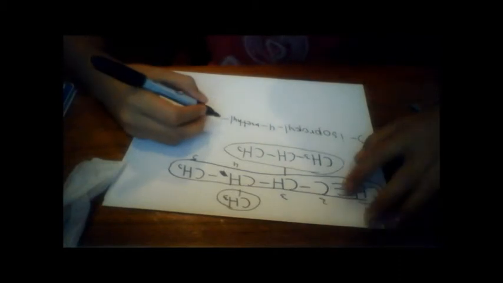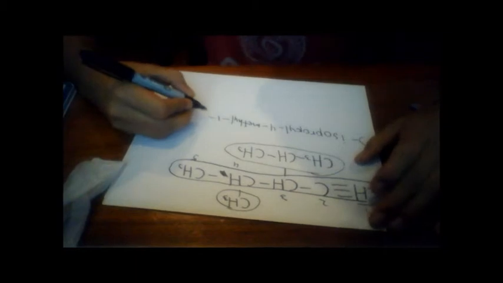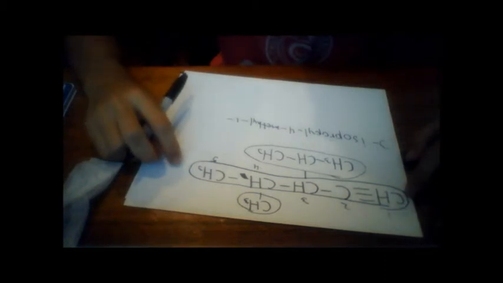Then you put where the triple bond is: 1. Then you count the parent chain, and this has 5, so it's called pent.